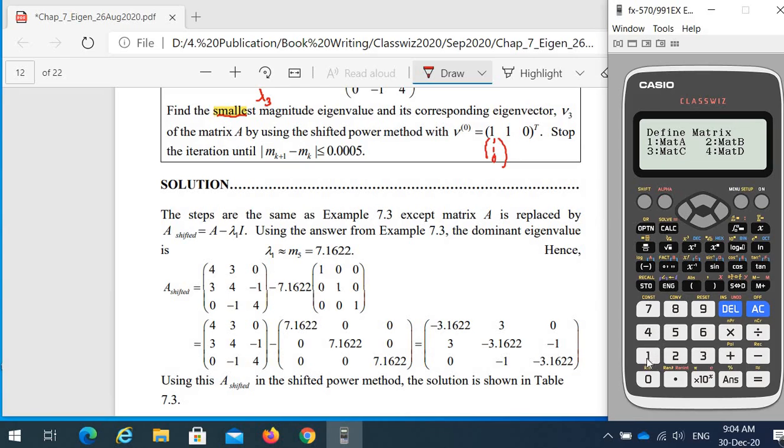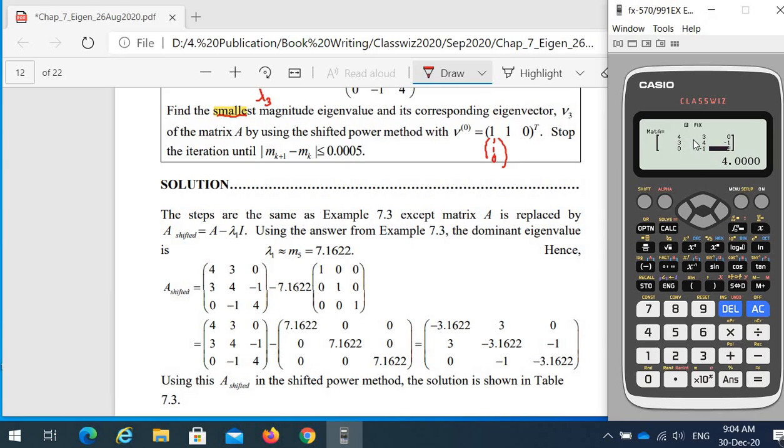Let's say you input the matrix A, 3 by 3. Matrix A is 4, 3, 0, then 3, 4, negative 1, and then 0, negative 1, 4.